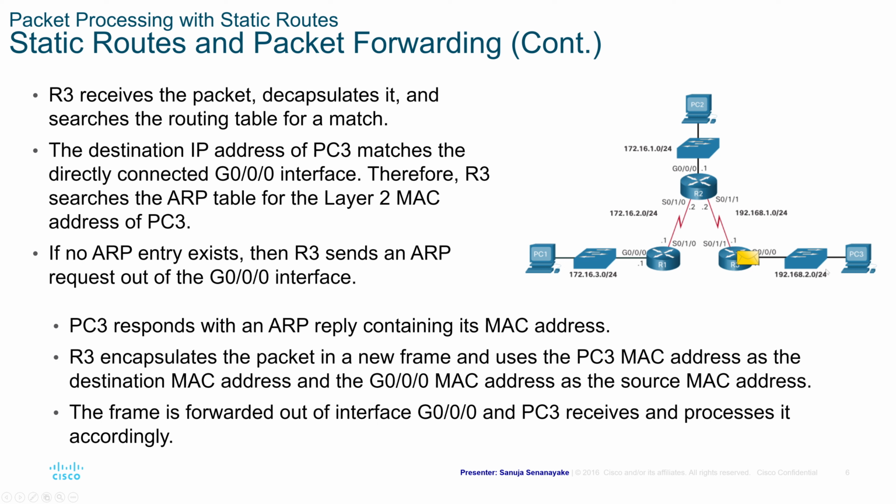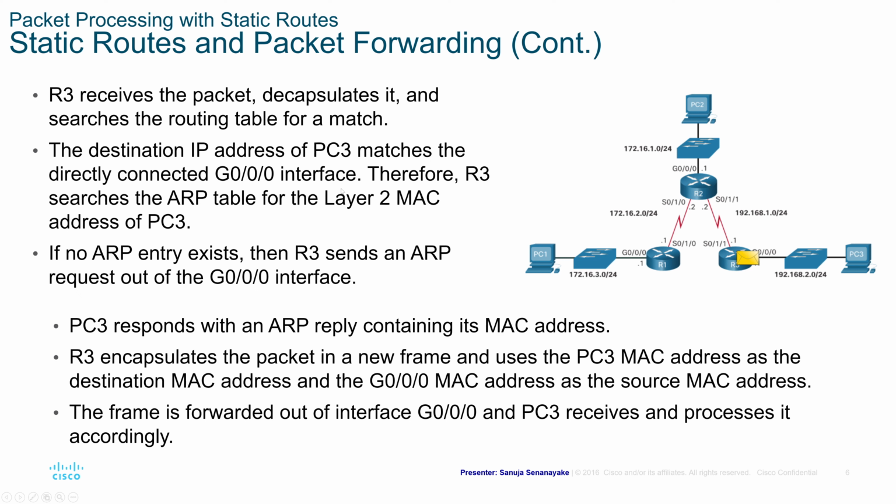It is the last hop, right? After that we have a switch and PC3 is connected on the other end. So therefore R3 searches the ARP table for the layer 2 MAC address of PC3 because it is directly connected.